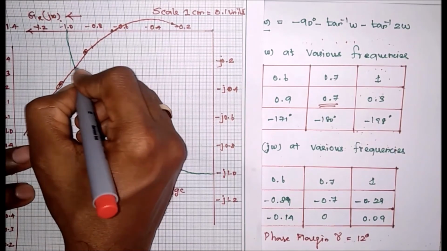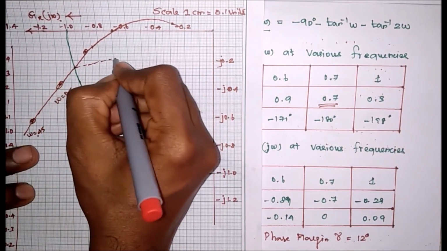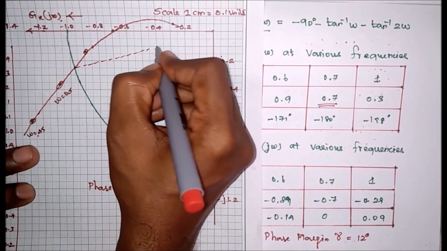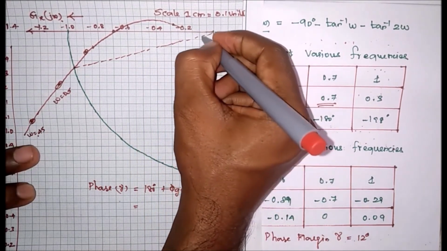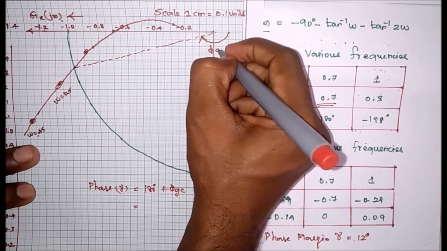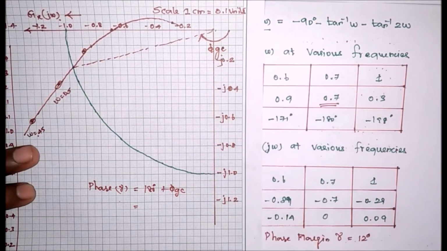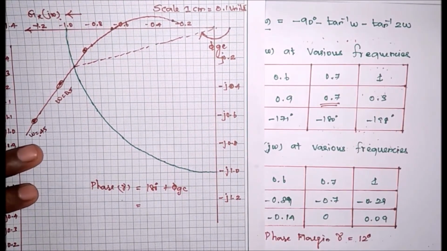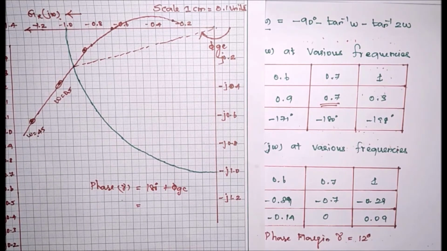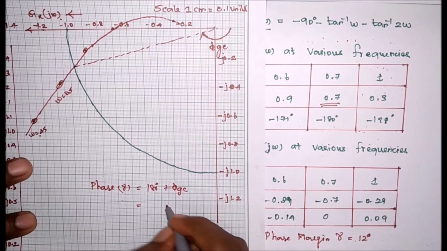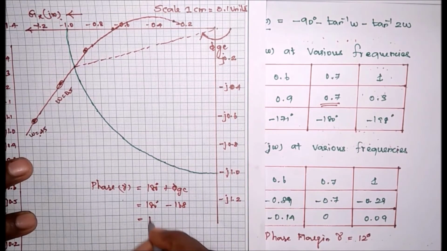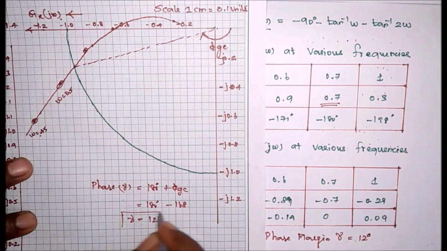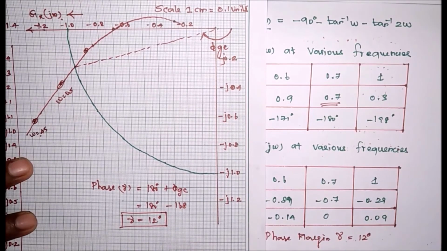Using a scale, we draw a line from the origin, which gives an angle. That angle is phi gc, equal to minus 168. So 180 degrees minus 168 is 12 degrees. Therefore, phase margin equals 12 degrees.